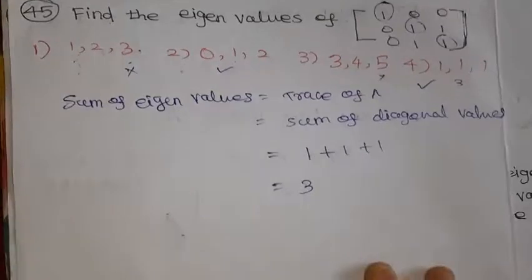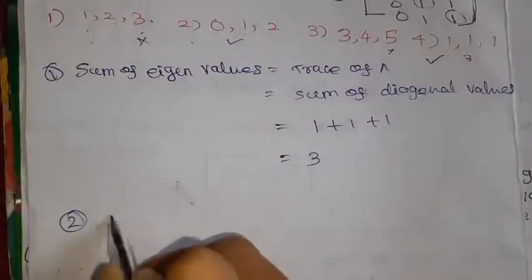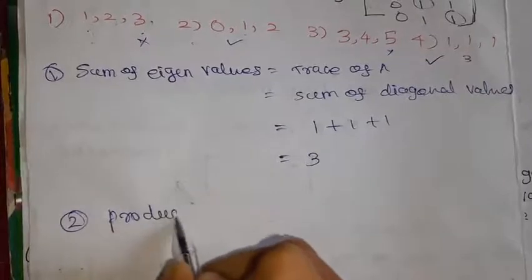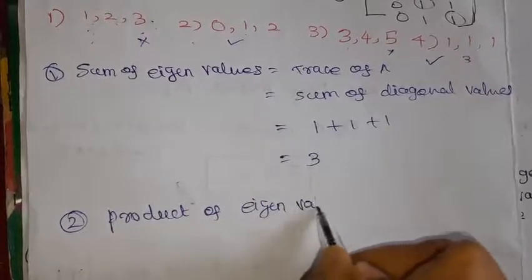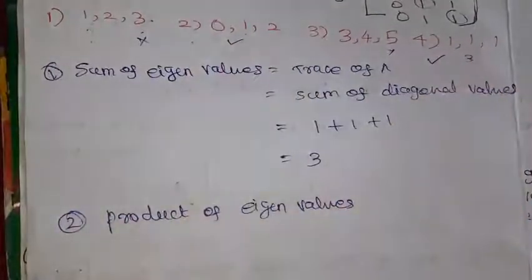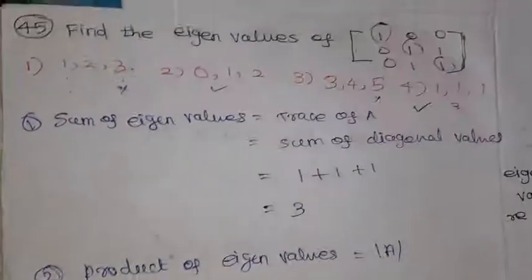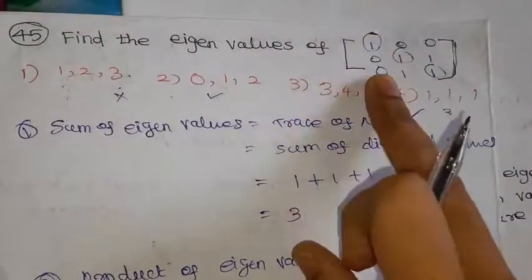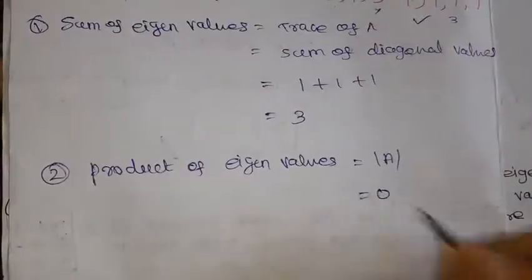Then we need to check one more property, that is the product of eigenvalues. For the sum of eigenvalues, two options are matching. Product of eigenvalues is nothing but determinant of A. So when we take the determinant, what will we get? 1 minus 1, 0. So 0.